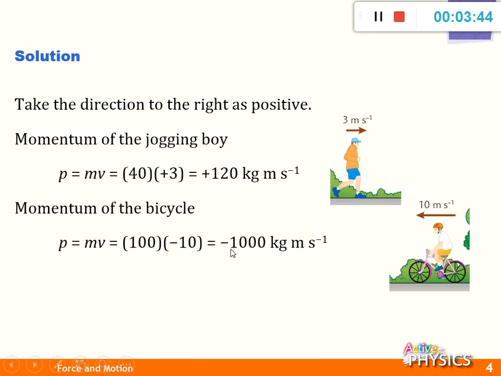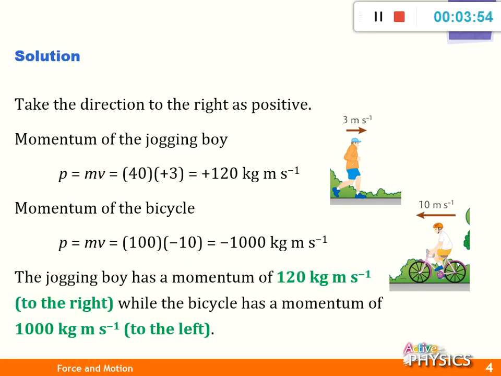Final answer is also negative, okay, because they have the same direction. Both of them will be in negative direction. It means that towards the left hand side. And through this calculation, we can find that the momentum of them are not the same. Okay, they are different in magnitude and also different in direction.